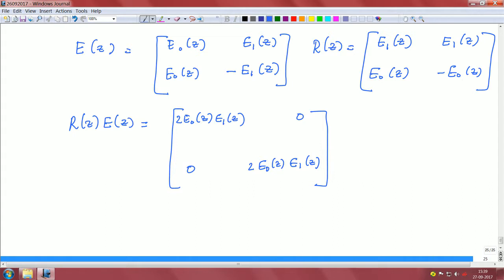Right, this is just rewriting, starting with the polyphase decomposition on the analysis bank and the synthesis bank, and then writing what R of z times E of z has to be. So this can be written in the form 2 times E naught of z, E1 of z times an identity matrix.